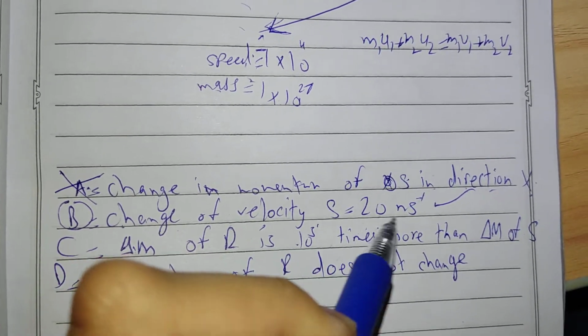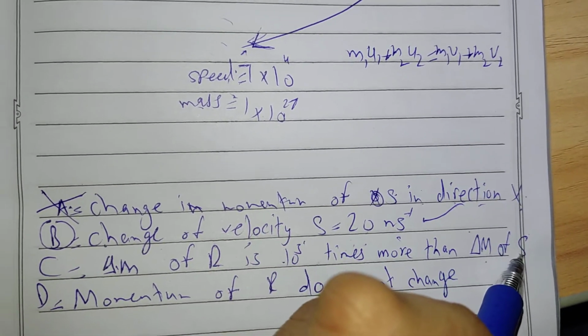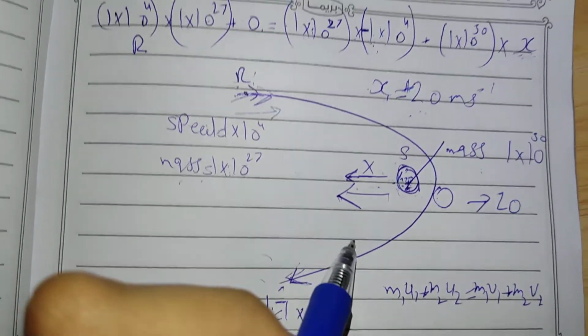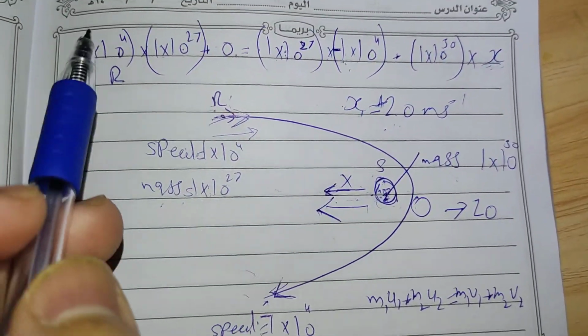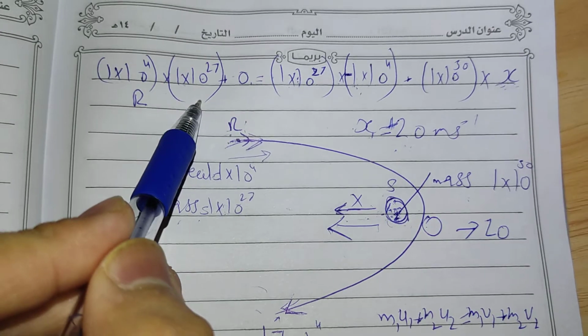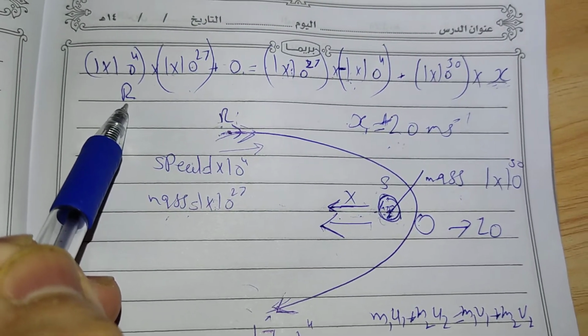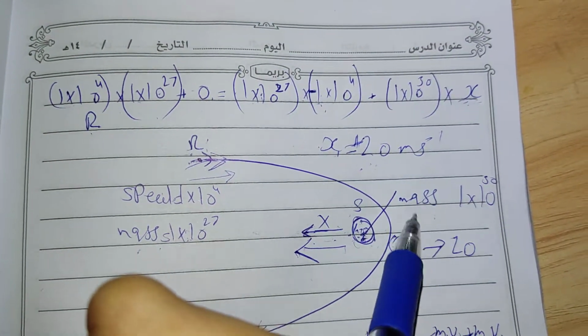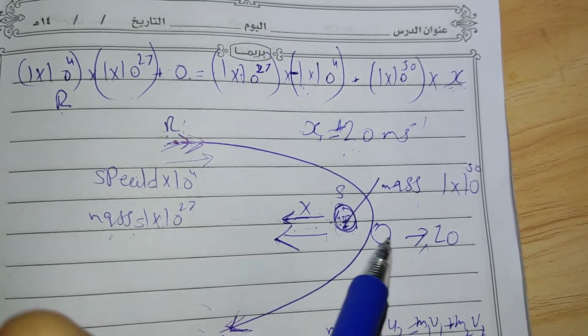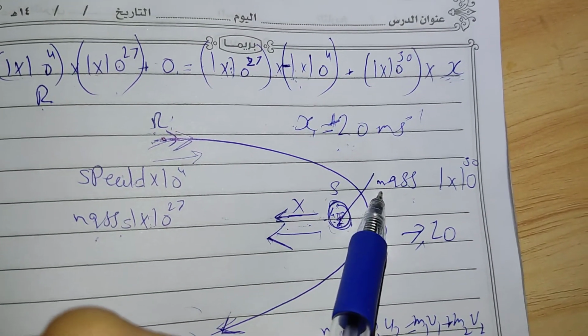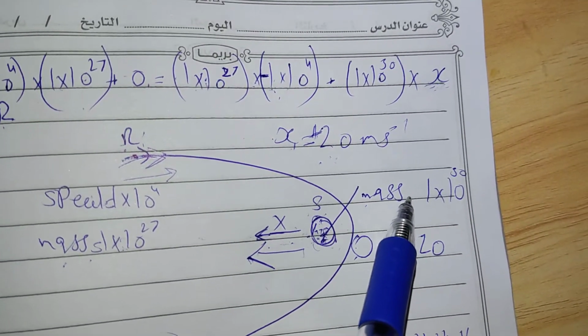In C, it says that the change of momentum of r is 10 to the power of 3 times more than the change of momentum of s. You have the final speed and initial speed. You have the mass of r. You have the final speed, which is 20. You have the initial speed as 0. You have the mass of s, which is this.